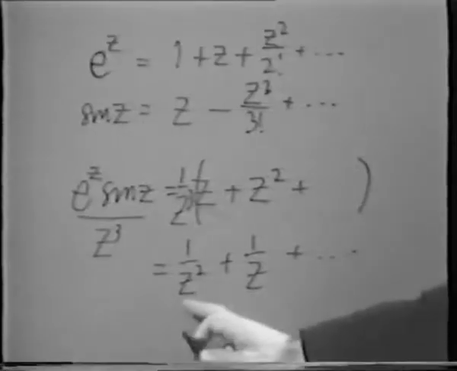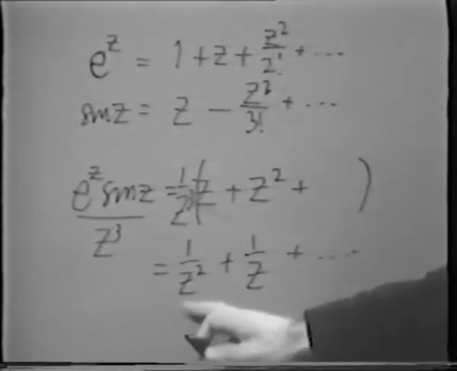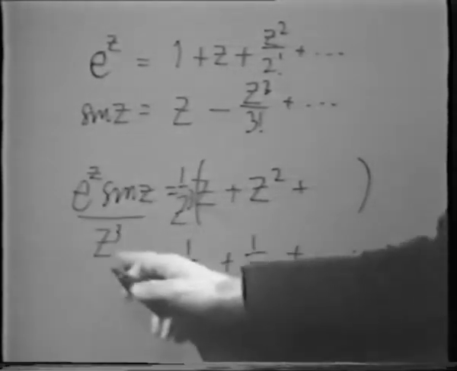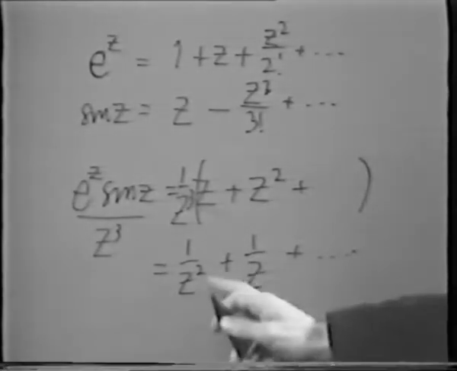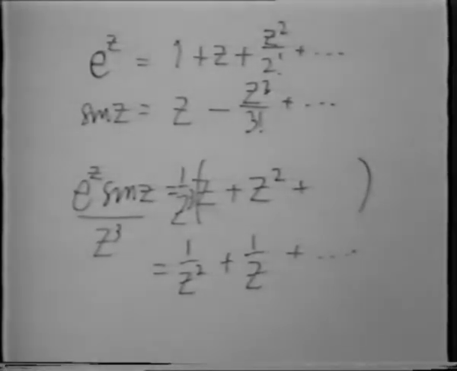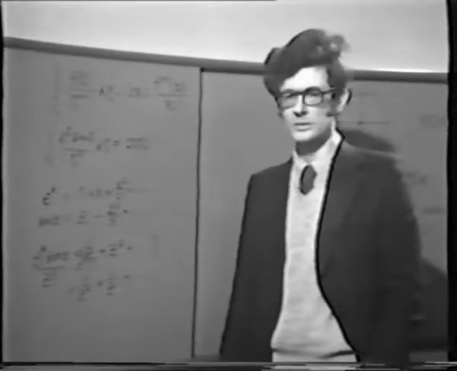And that's because we've got terms in 1 over z present. And of course, this reflects the fact that this function has a singularity at 0. Now, this sort of series, this series which involves terms in 1 over z, is called a Laurent series. And it's a sort of generalization of the Taylor series for a function which has a singularity.